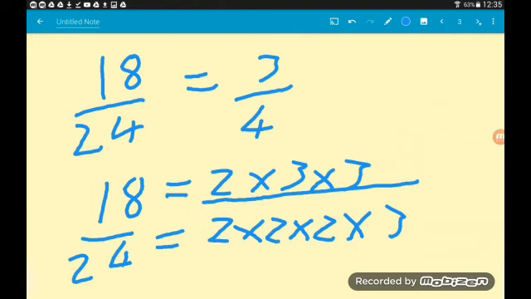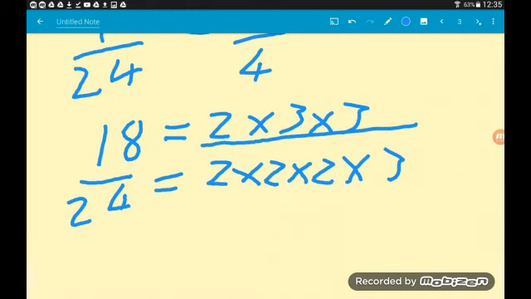So if we write both numbers as a product of their primes, we can then cancel out common factors between the top and the bottom. So up on top we've got a 2, on the bottom we've got a 2. So we can cancel one factor of 2. Up on top we've next got a 3. And we've got a 3 on the bottom.